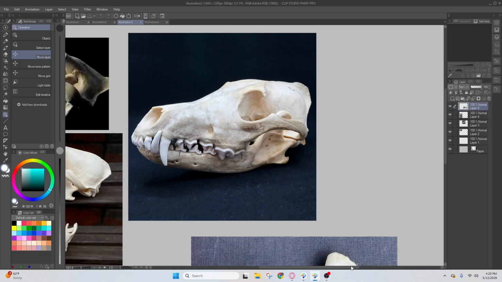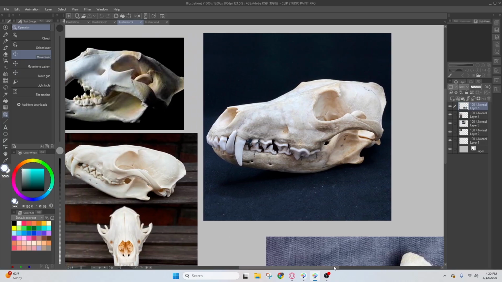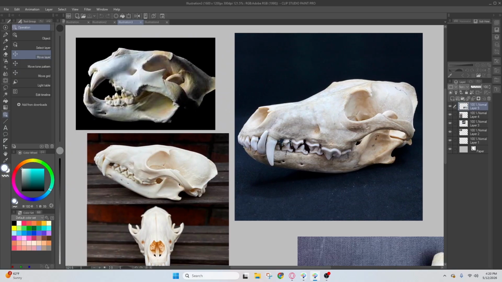Now, most people are not familiar with animal bones, especially depending on the animal, right? Because of that, they won't really know if the socket is a little off or the teeth are a little off. They're not really going to know. So that works in your favor.